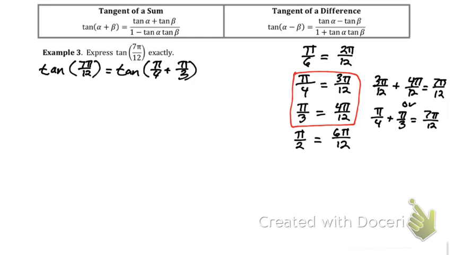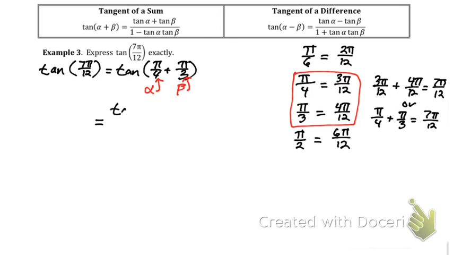Now it fits in this box here because I have alpha plus beta. Your alpha is always going to be your first, and your beta is always going to be that second value there. So now we're going to plug it into that identity. The identity says tangent of the first angle plus tangent of the second angle.